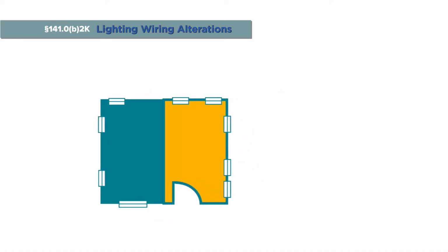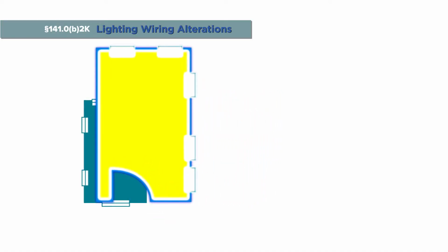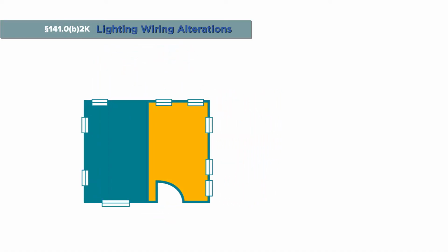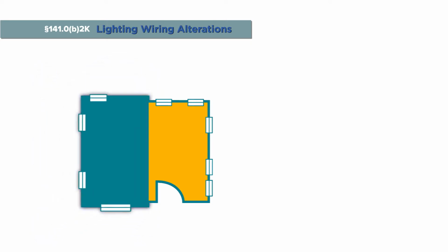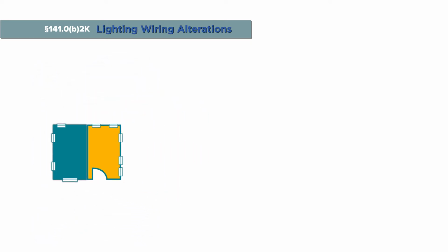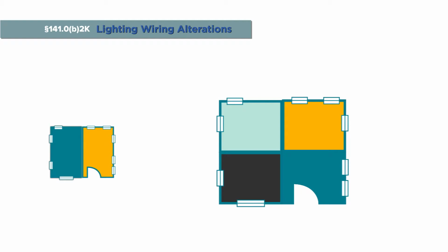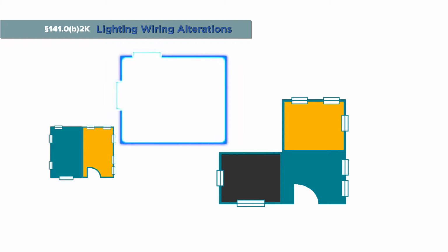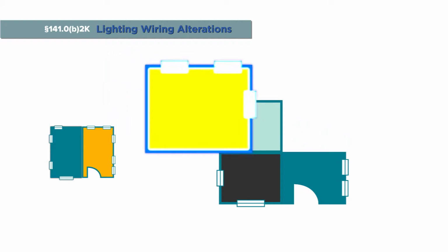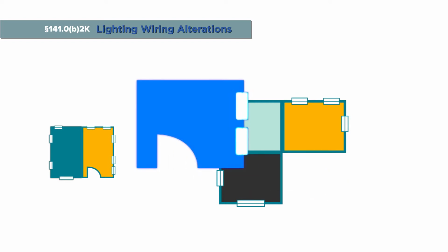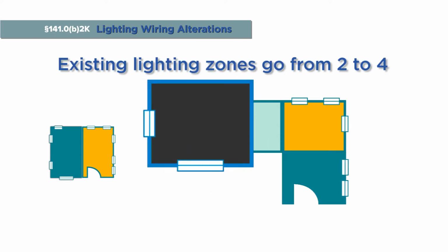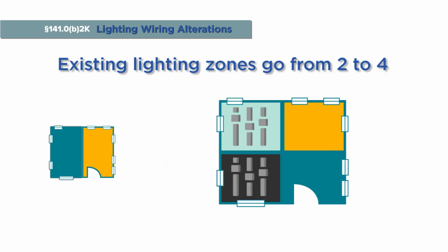So back to our LED troffer upgrade example. We have replaced fluorescent lamps with LEDs, but left the fluorescent ballast in place as part of the functioning system. However, now we decide to divide the existing lighting zones from 2 to 4 zones by recircuiting the space. We also add new lighting controls for the 2 new zones.